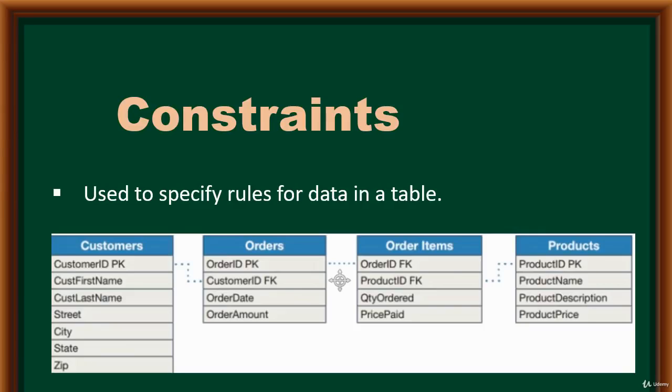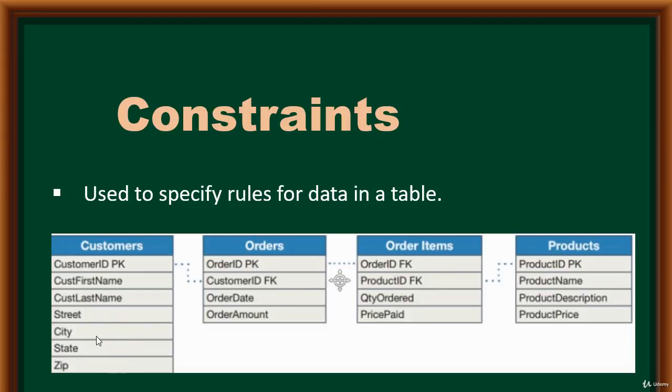So when you're creating a table, you can implement different types of constraints. An example constraint you could implement, for example, in any of the fields, you could say you don't want the value to be null. Null basically means a value that is not known.